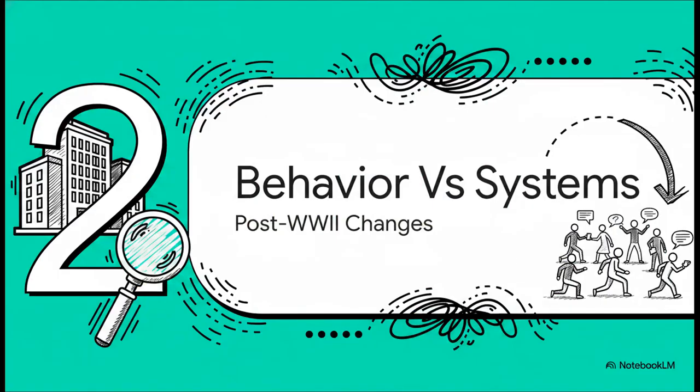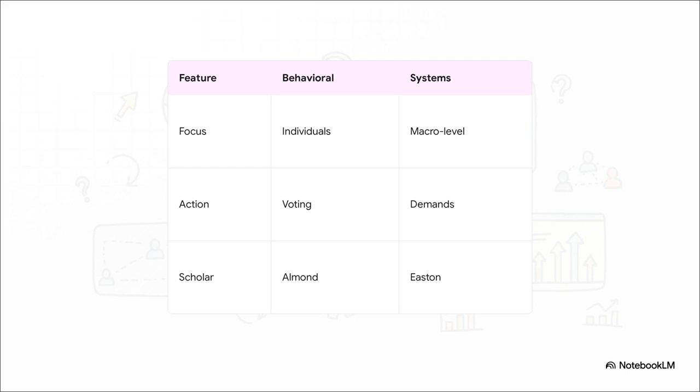Which brings us to Section 2, Behavior versus Systems, and the massive post-World War II changes. Because that traditional lens missed so much of reality, scholars after the Second World War pivoted hard to focus on actual human action. And this sparked two really fascinating, contrasting reactions. On one hand, you have the behavioral approach, championed by scholars like Gabriel Almond.